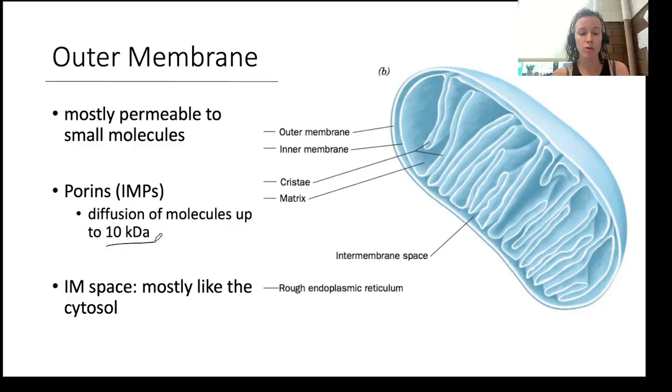They allow diffusion of molecules up to 10 kilodaltons, which is rather large for a small molecule or a small peptide. And because of the permeability of this membrane, the intermembrane space is mostly like the cytosol. We will learn that's not entirely true. Very, very close to the inner mitochondrial membrane is where the proton gradient exists. So there can be local differences, but largely the intermembrane space is like the cytosol.